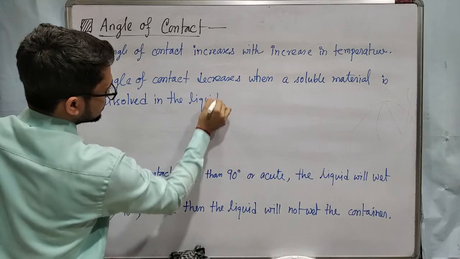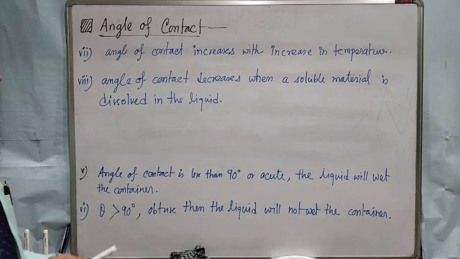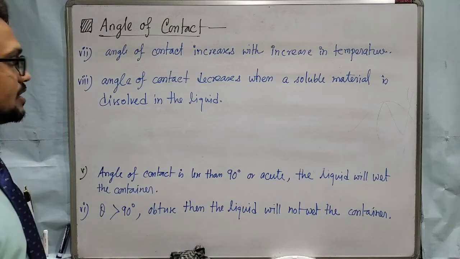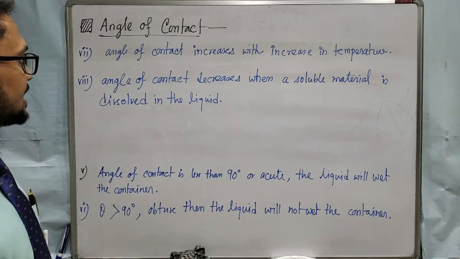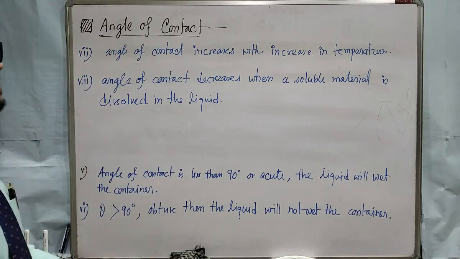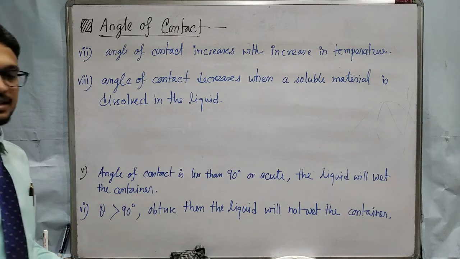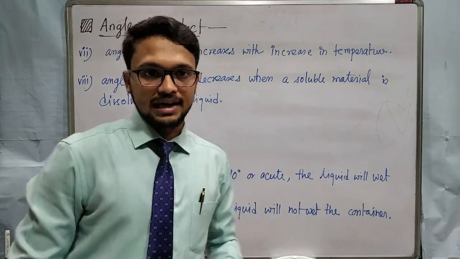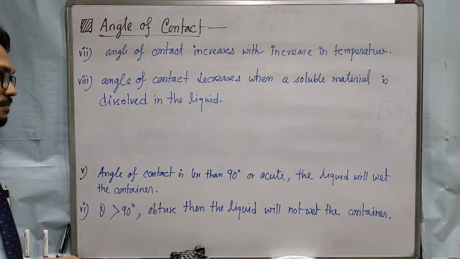Like salt, like sugar. When these kinds of materials are dissolved in water, then its angle of contact will decrease. Clear? So these are the few points related to angle of contact, and the definition and the diagram, how to draw the angle of contact, those things are very, very important.